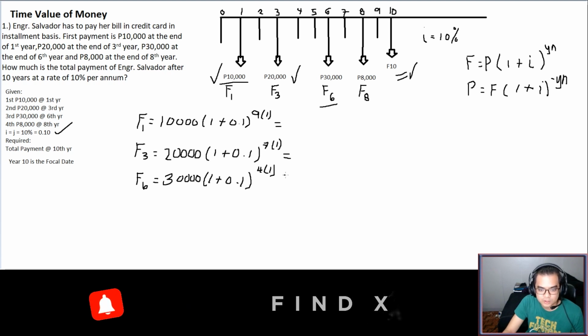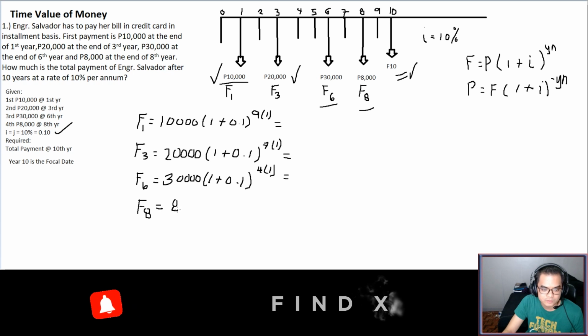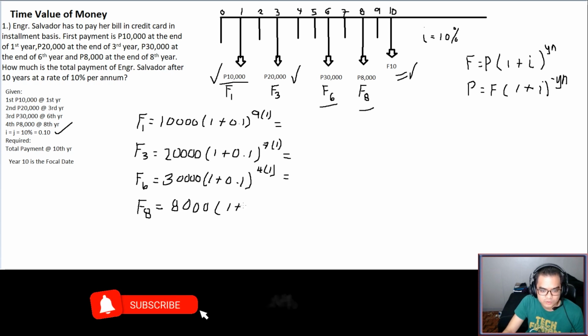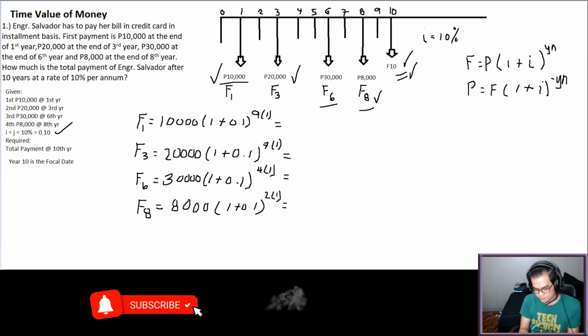And then for the last one, we have F8. So F8 now will be equal to 8,000 times 1 plus 0.1 again, and raised to, how many years is that? That is from 8 to 10, so that is 2 years. And then equal. So let's try to solve this one by one.